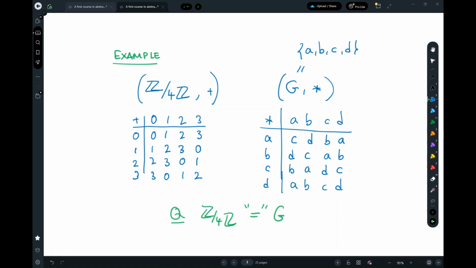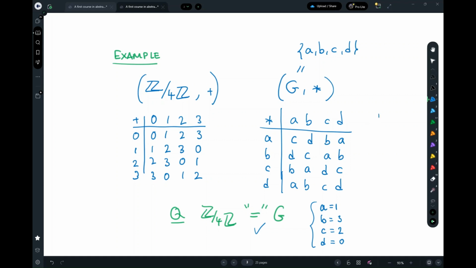So it turns out that if I set A to be 1, B to be 3, C to be 2, and D to be 0, then these two are the same, and the Cayley tables would actually look exactly the same.